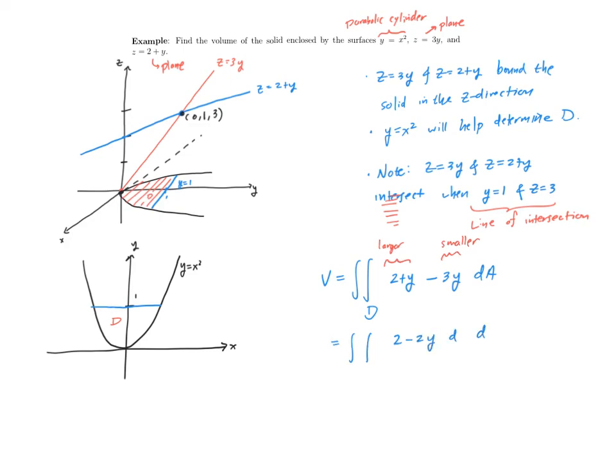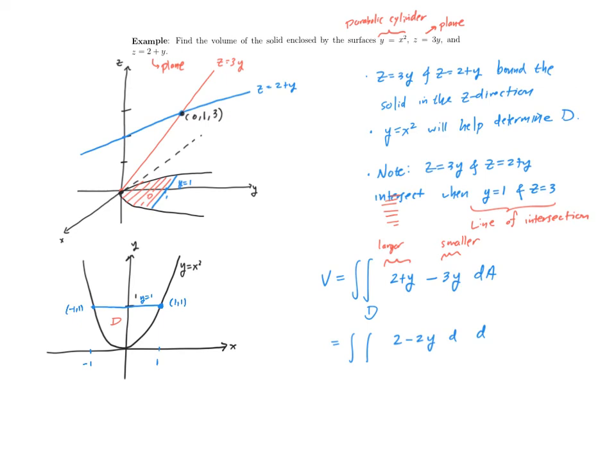What we need to do now is turn this into an iterated integral that we can evaluate. Looking at the line y equals 1, we know the points of intersection with the parabola y equals x squared. They intersect precisely when x is minus 1 and 1.